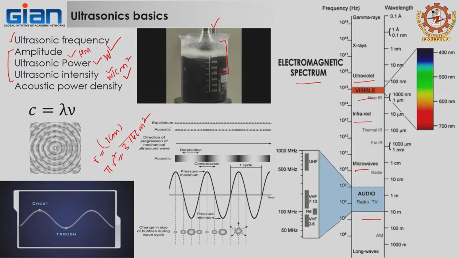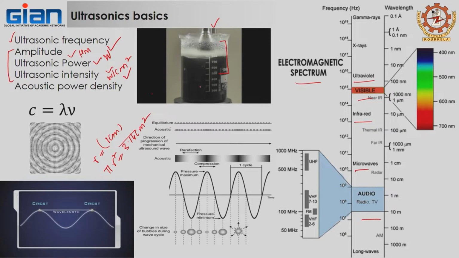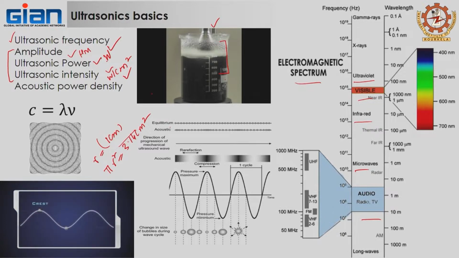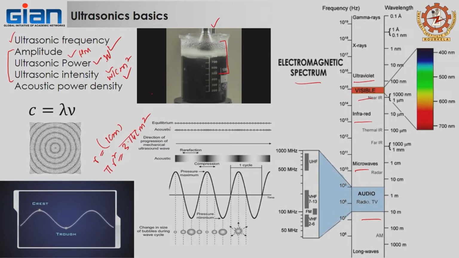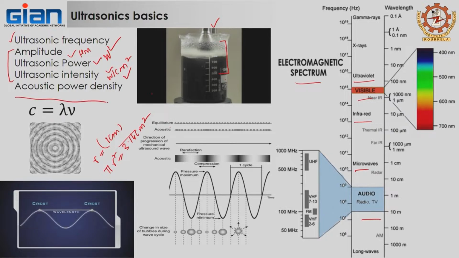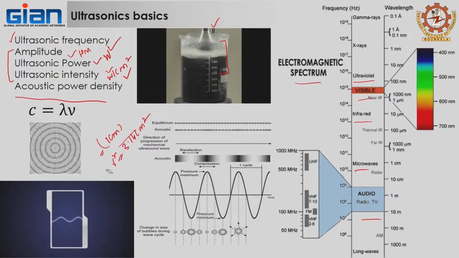Acoustic energy density: if you are treating 100 ml of water, watt per ml becomes the acoustic energy density or acoustic power density. This unit was first established by ourselves. There are multiple other ways of calculating ultrasonic intensity.